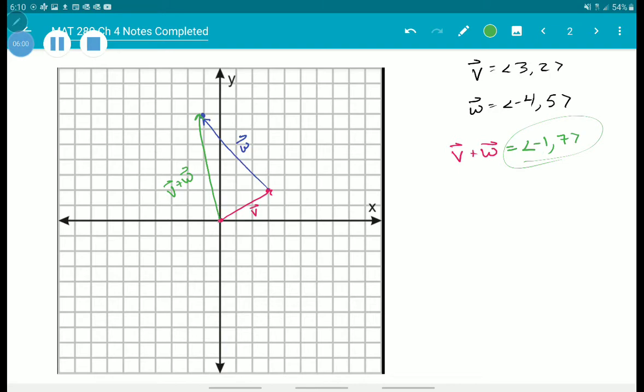So if I start at v and I end up at this terminal point here, how did I get there? Well, from v, I should go negative 1 units, so I should go 1 unit to the left and then up 7. And as you can see, that's exactly what happens to get to that terminal point up here in that region. So let's do another one.